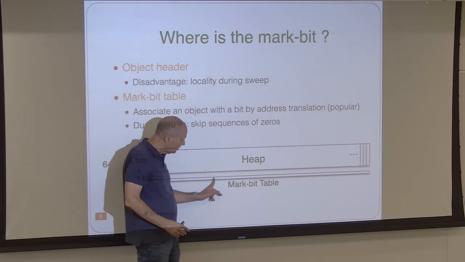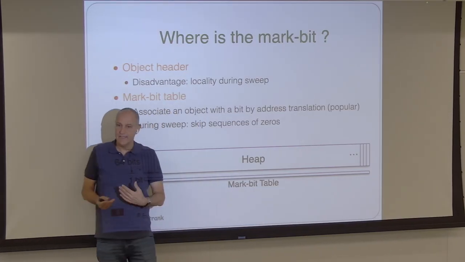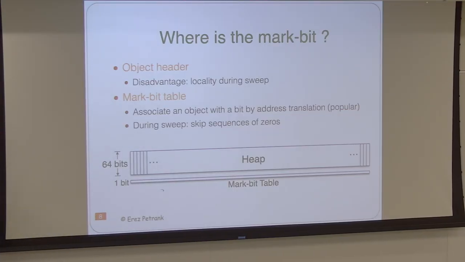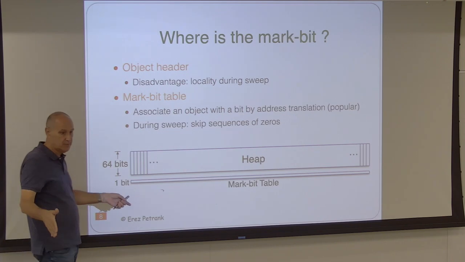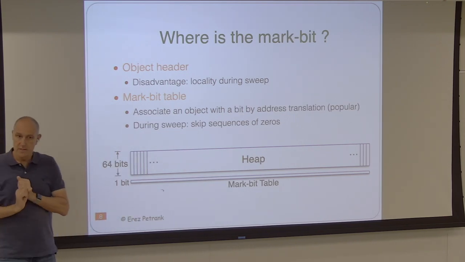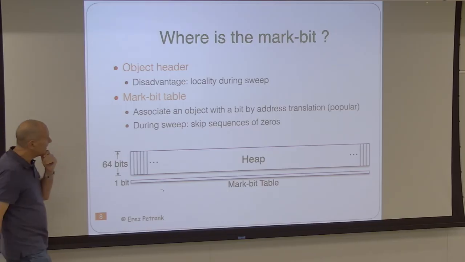But then I can go on over the side table, and I can go very fast and use smaller space in the memory in order to determine which is alive and which is dead. So this is good for sweep.